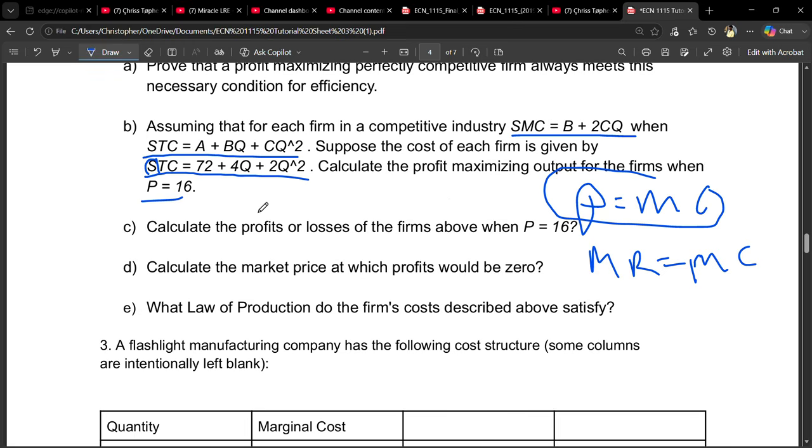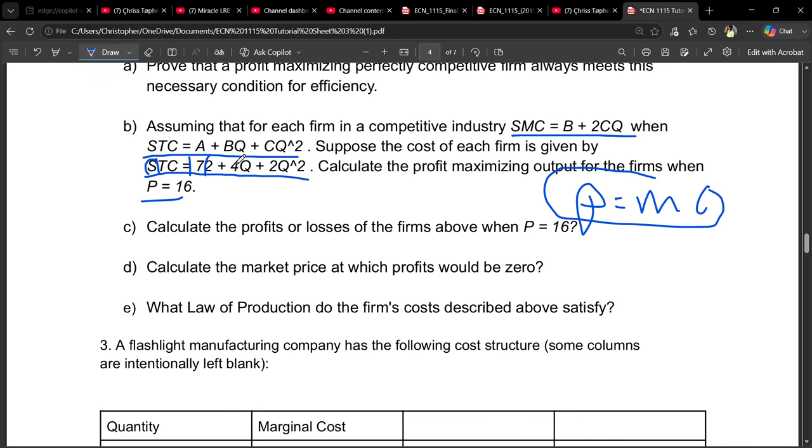For our marginal cost, we just differentiate the total cost function. Without wasting time, we know how to differentiate these equations. The constant 72 goes because it becomes 0.